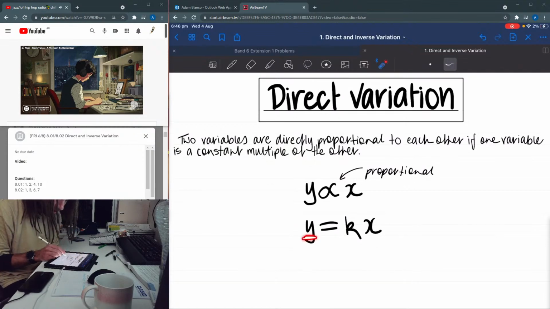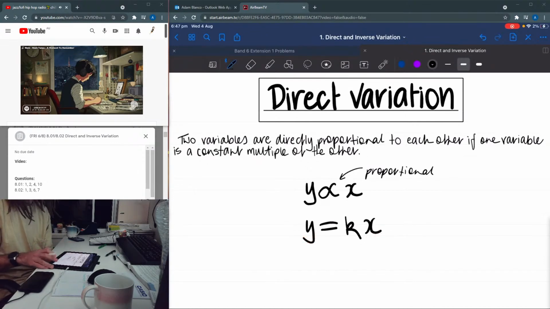It might be that as one thing goes up, the other goes down, but at the same rate. If this was -2, this would be doubling and this would be halving. But as soon as you see a question that says direct variation, you should think this should be your first line of working. A question will give you x's and y's or different letters, but that should be your first step.